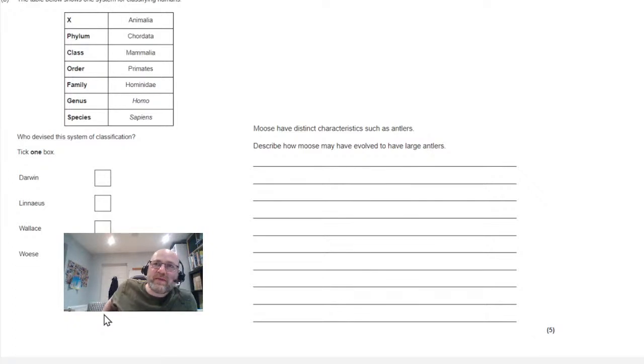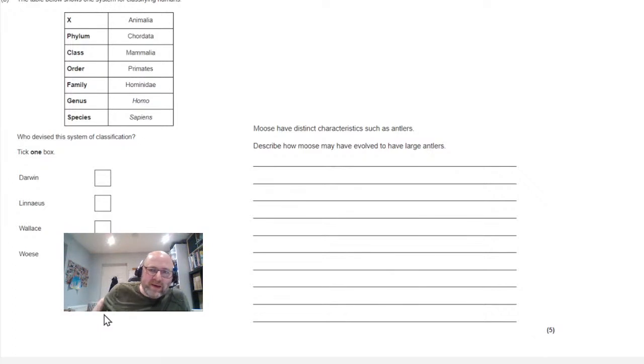I don't think they'll tell you if it's a fungus, but it will probably be animal, and you just have to know what an animal is. So yeah, insect, worm, and Linnaeus. You got it. Woese came up with the domain system.